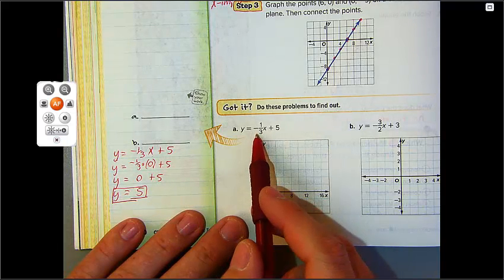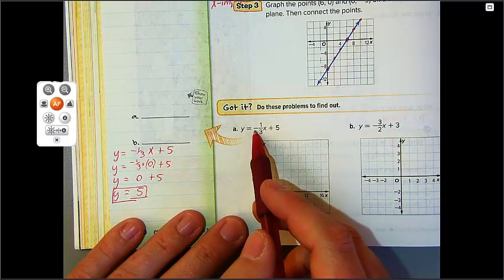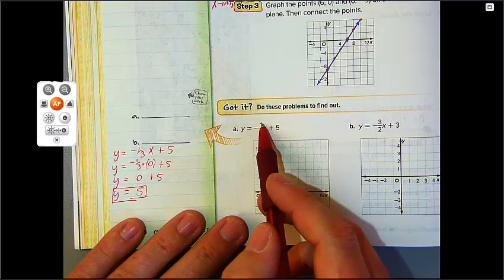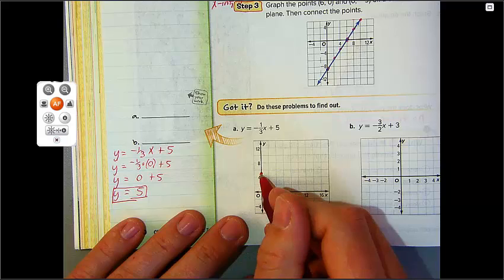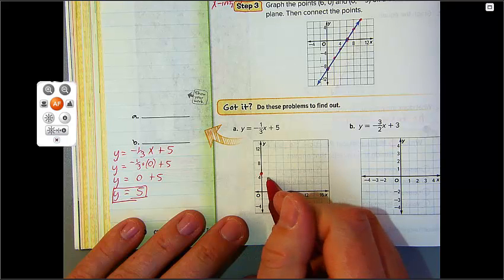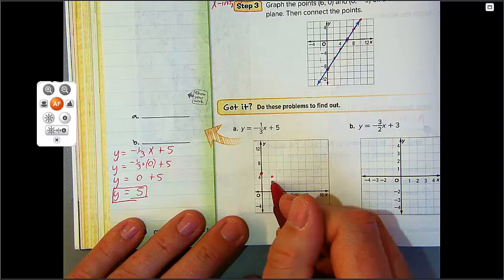Then I'm going to look at my slope, okay? My slope is negative 1/3, meaning down 1, the negative usually goes to the top, down 1 over 3. So I'm going to go down 1 over, we're going by 2's here as well, so down 1 over 2, there's 3. Down 1 over 1, 2, 3.